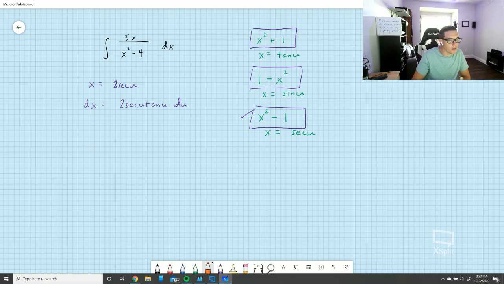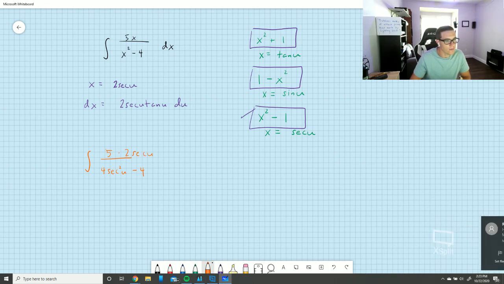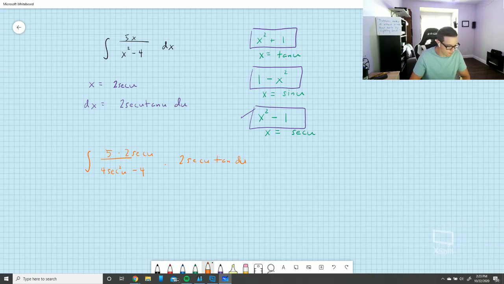Okay, so we can replace everything in the integral. 5 over x squared, which is 2 secant, 4, back up, 4 secant squared u minus 4 times, and then x dx, x is 2 secant u times derivative, which is 2 secant u tangent u du.